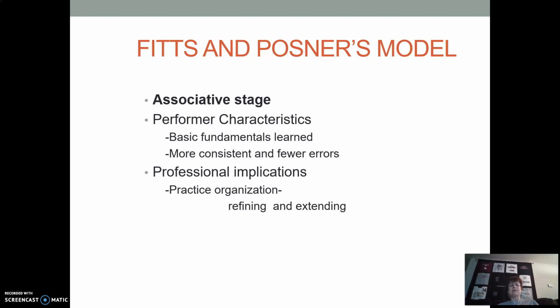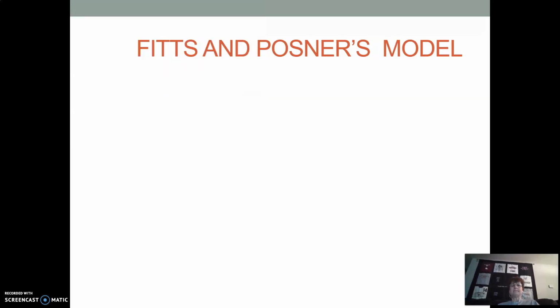If I wanted to extend that same skill, now I would perhaps dribble down the court, stop, fake, do a jump shot, or maybe catch a bounce pass from someone and take the shot. So refining versus extending. That would be what I would do during the associative stage of learning.